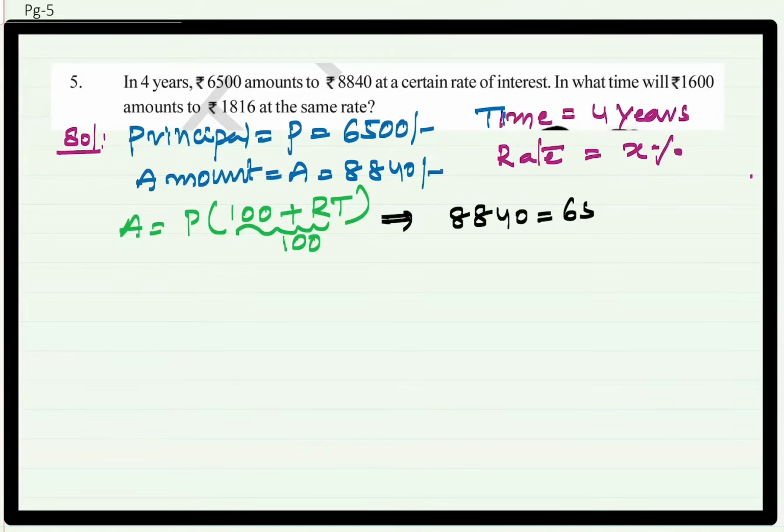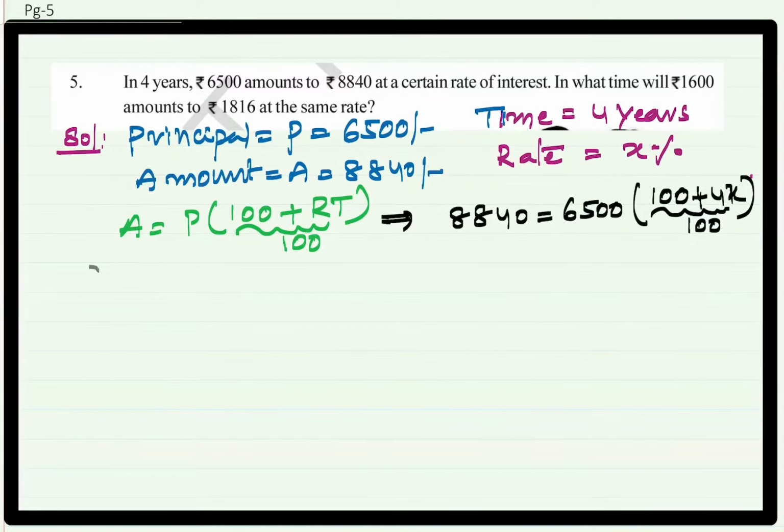The principal is 6,500 times (100 plus, here the time is given 4 and the rate of interest is X). So already we have taken that as X. Instead of R we have to write X, whole by 100.